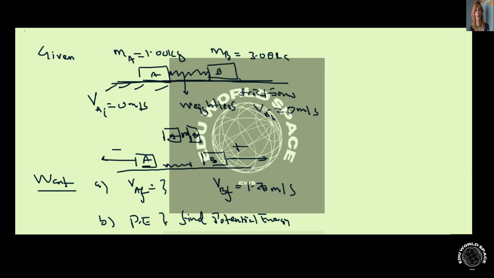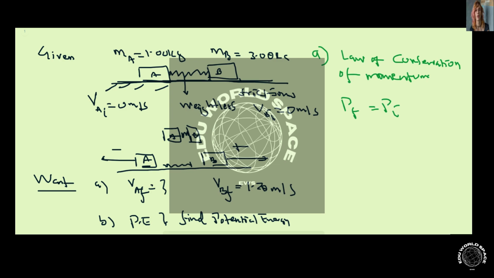Again, we don't have any friction, so there are no losses of energy. Using the law of conservation of momentum, the final momentum of the system equals the initial momentum.